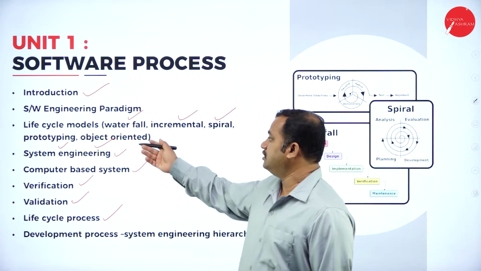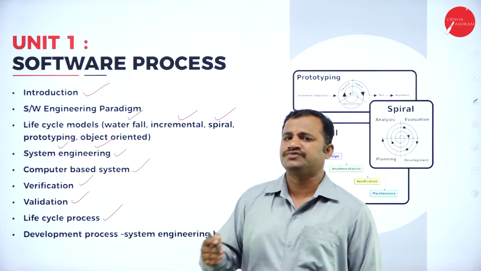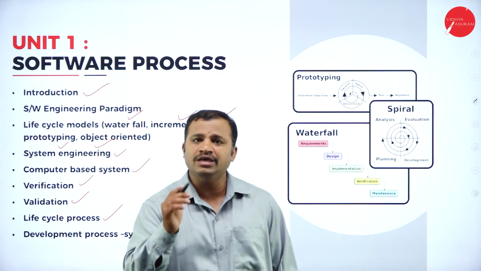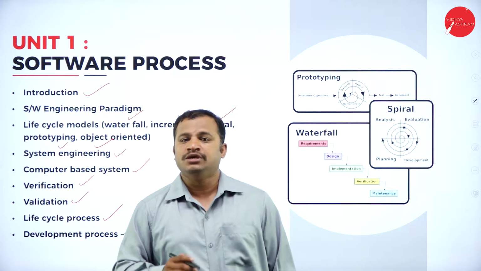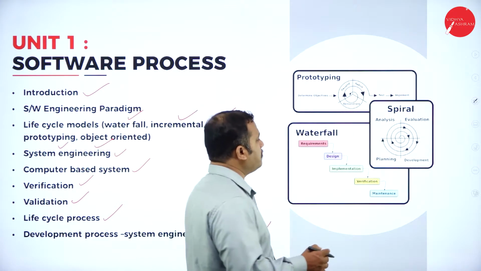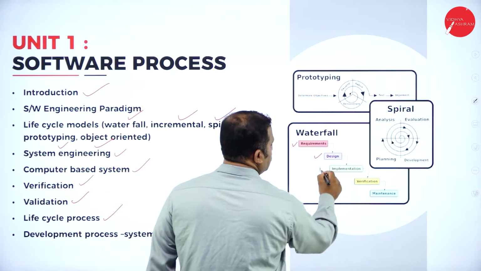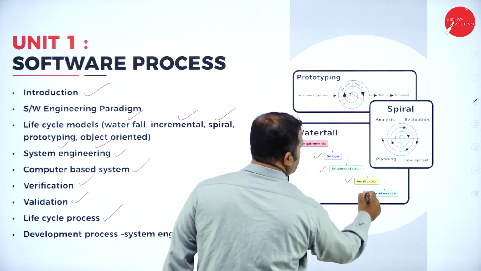Then we have an object-oriented model. All these are different types of software development processes. In each of these software development processes, you will come across different types of phases of software development, that is requirement specification, design, implementation, verification, maintenance.